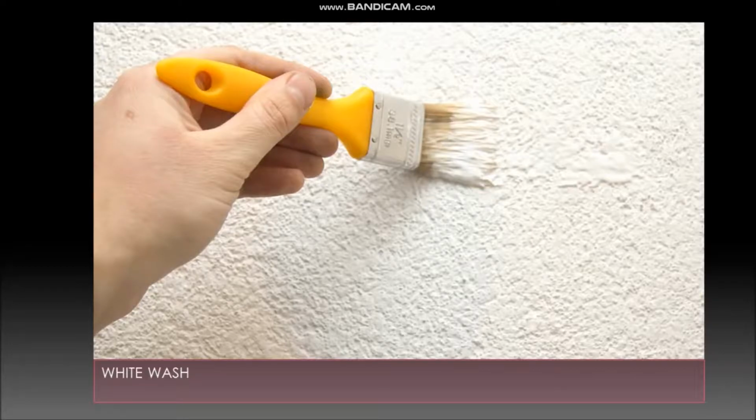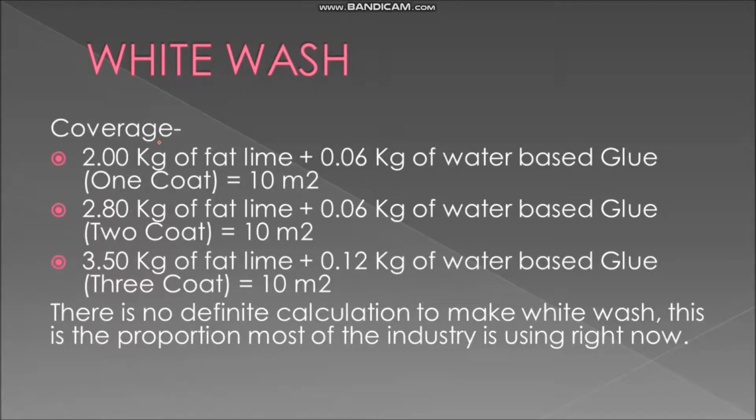Whitewash. Whitewash coverage for one coat is 2 kg of fat lime plus 0.06 kg of water-based glue, that is 60 gram of water-based glue, to cover 10 square meter of area for one coat. And for two coats, the lime increases to 2.8 kg of fat lime with the same amount of water-based glue.